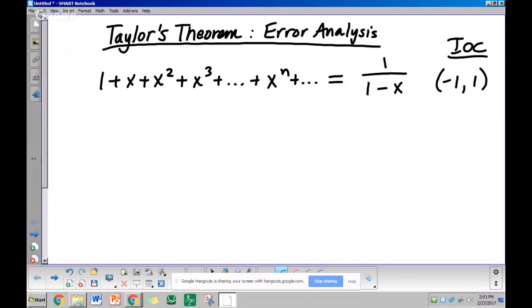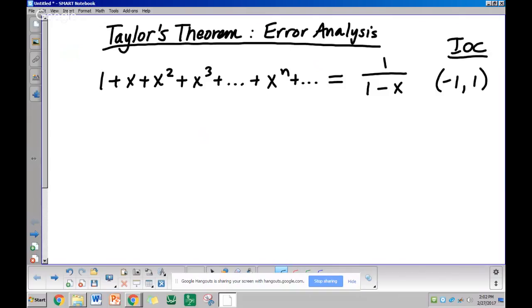But what happens if I just use part of this series to approximate this function, 1 over 1 minus x? Meaning, let's use the first 6 terms.